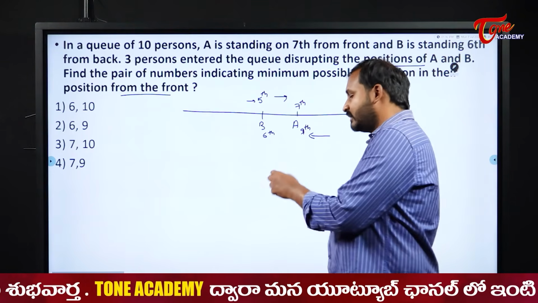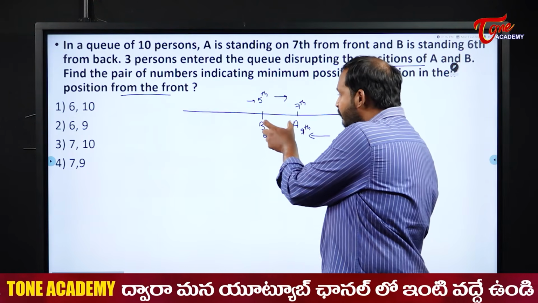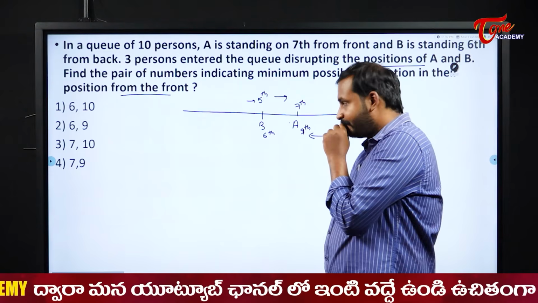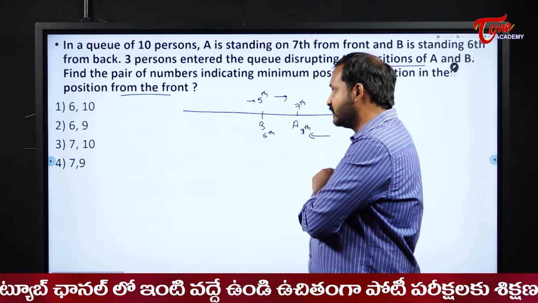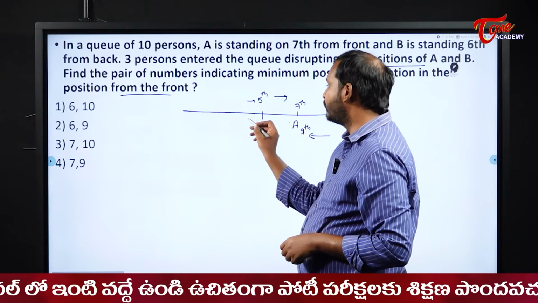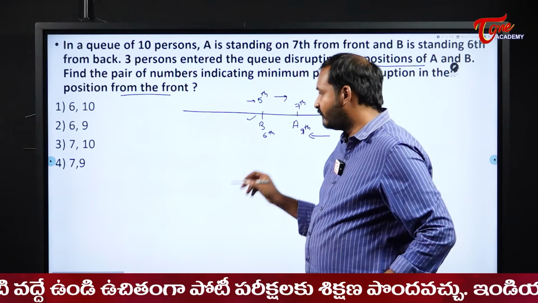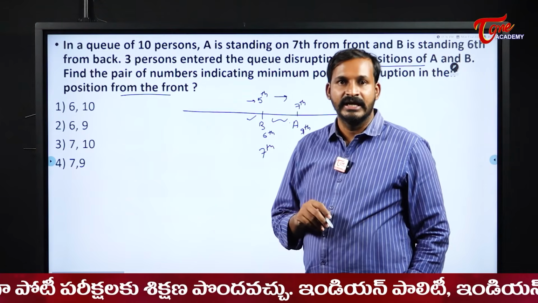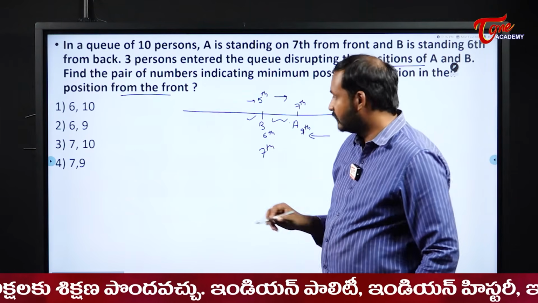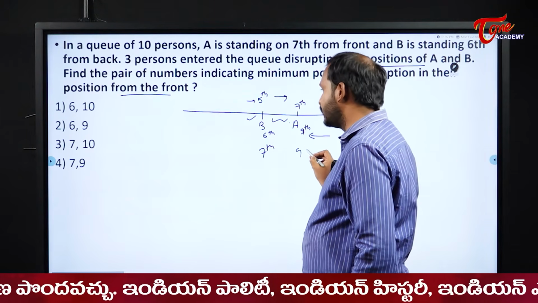If I assume that all the 3 persons are seated here, between them, B's position will not be changed, right? Okay, so that is not possible, sir. Now what is the possibility? If one person sits in front of B, it will become what? 7th position. Then the 2 persons will sit between A and B. Then what happens to A's position? 9th, right?